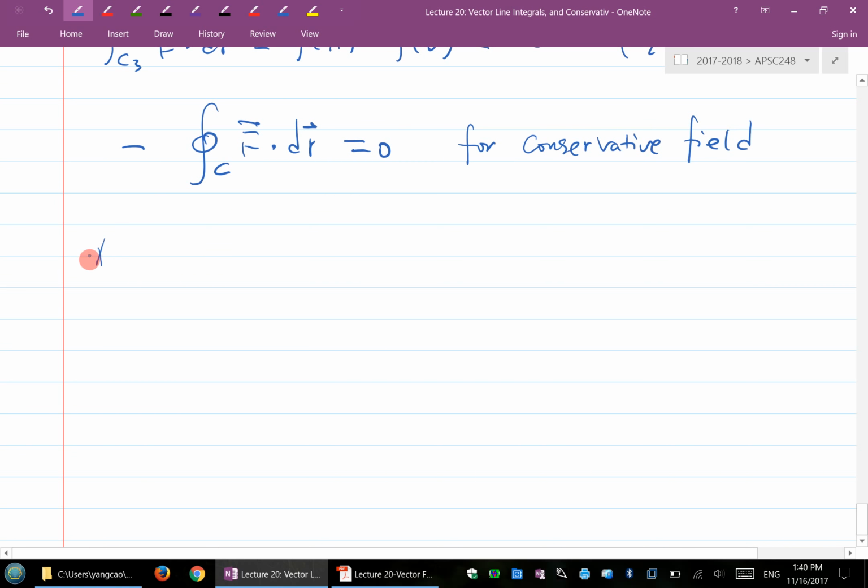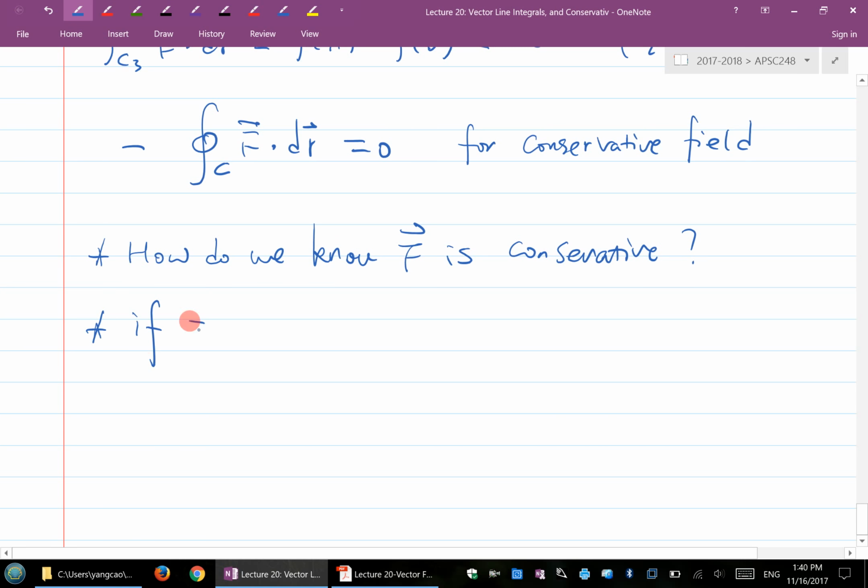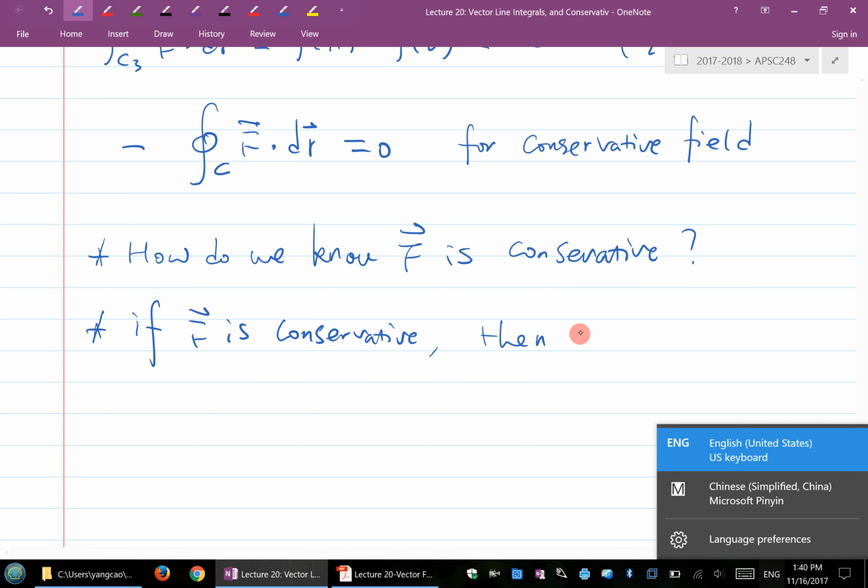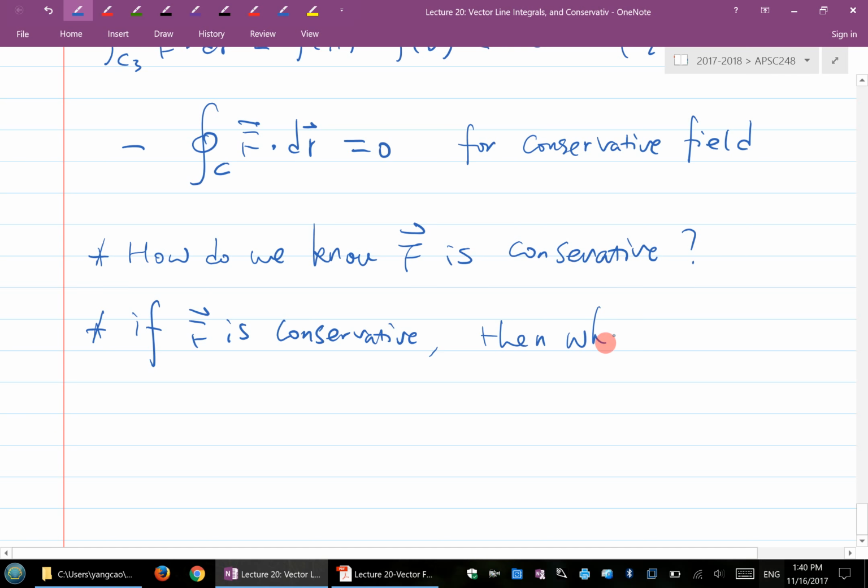Basically, the first question we need to answer is, how do we know that this F is conservative? The second question we need to answer is, if F is conservative, then what is its potential function?